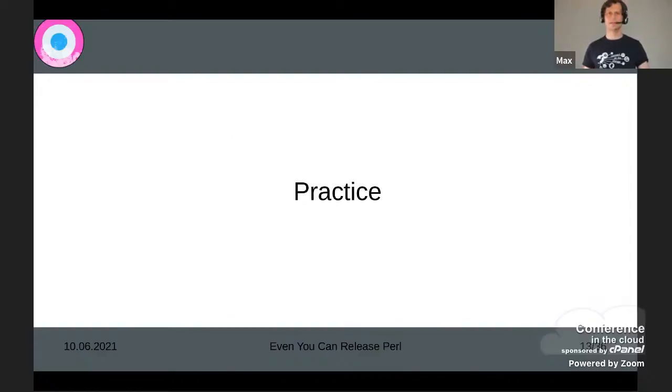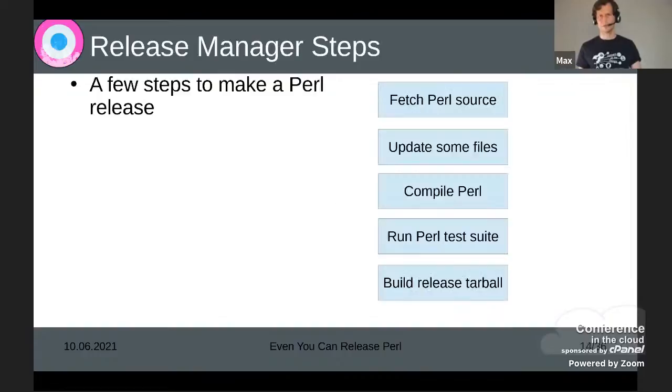So that leaves the next step of practicing a Perl release. For practicing a Perl release, and also for a real Perl release, you will need to build Perl several times. So yes, you should feel somewhat comfortable with building Perl and with Git.